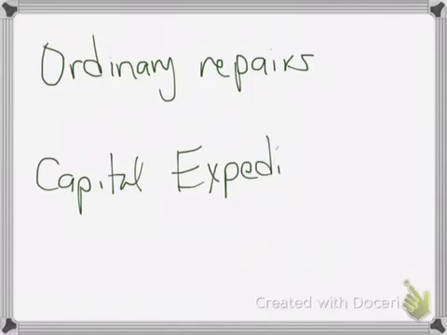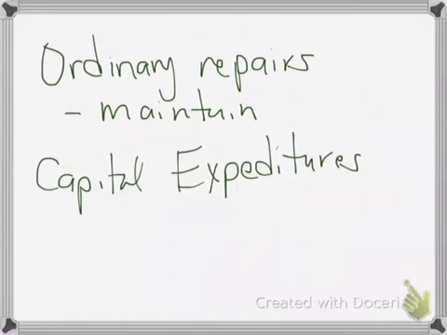An ordinary repair is something there to maintain. It's not improving, it's just maintaining what you already have. So maintain the operating efficiency, maintain the productive life of the unit. These would be part of a repair and maintenance cost. So it's repair and maintenance expenses.